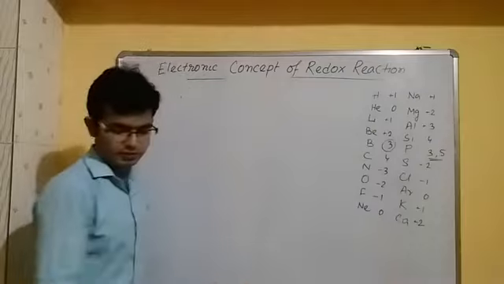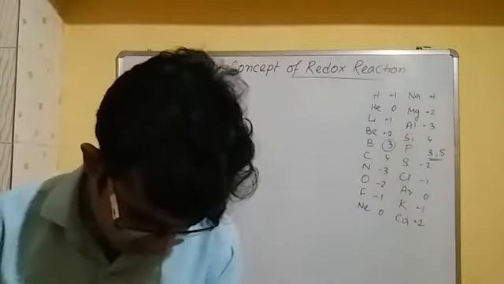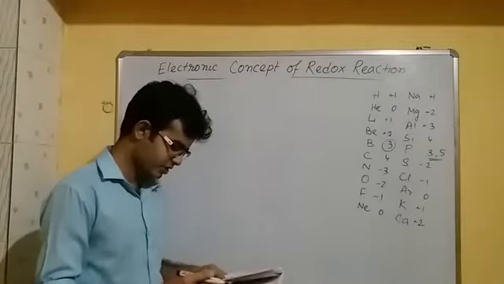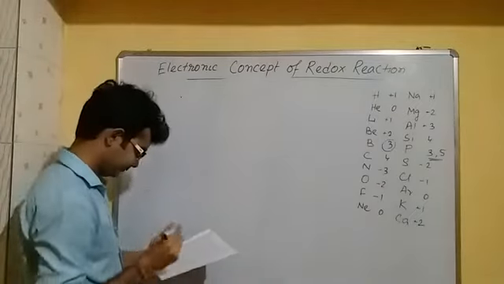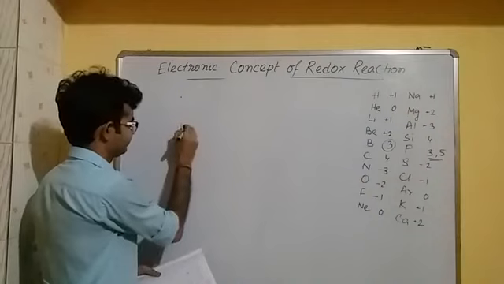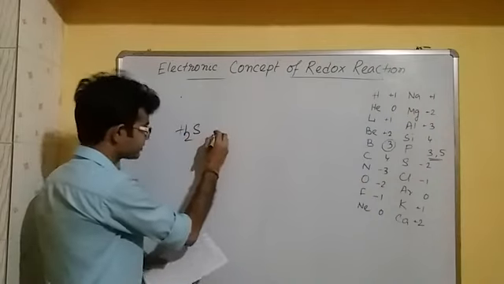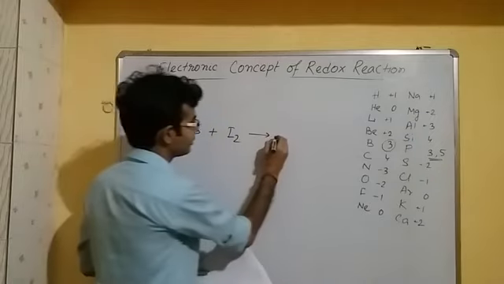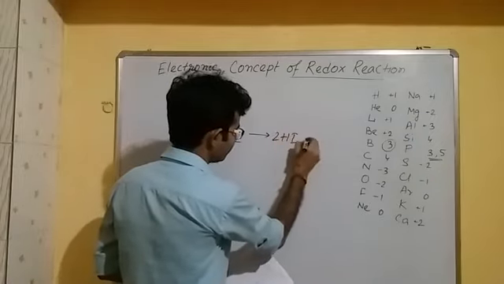Now I am giving you some examples. You have to identify the oxidation and reduction reaction. Okay. H2S plus I2 forms 2HI plus this.